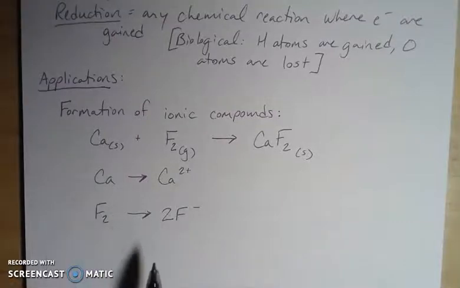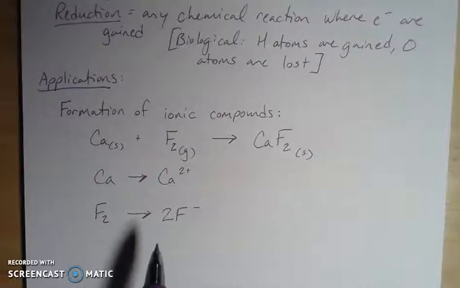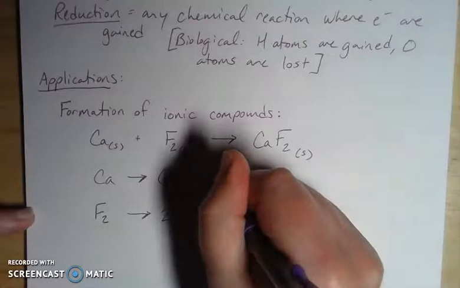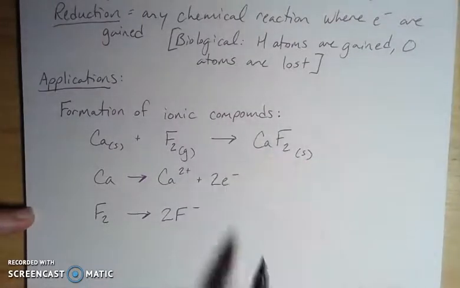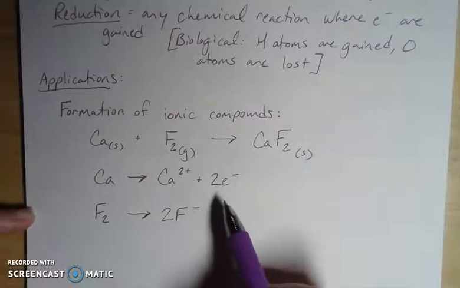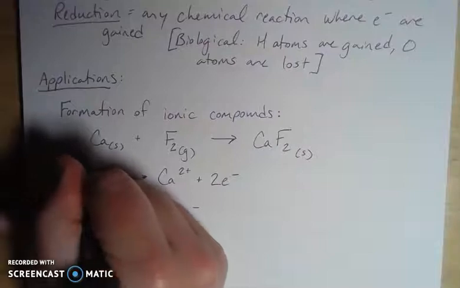So what's really happening between these two steps? Well, calcium, to go to calcium 2+, needs to lose electrons. I need to lose 2 electrons, and I can show the loss of those 2 electrons by putting them as products. So electrons on the product side of my reaction indicate that they are being lost. So this is my oxidation step.